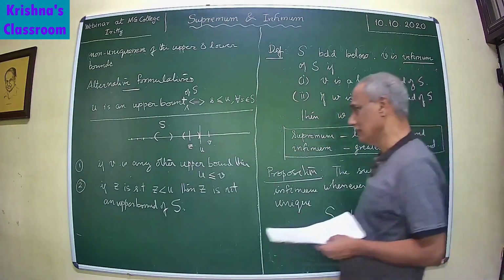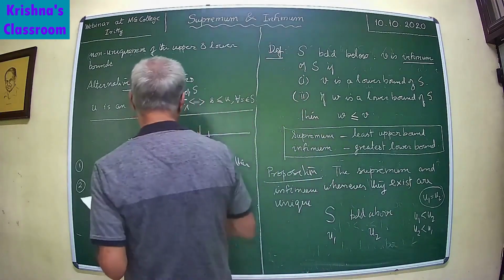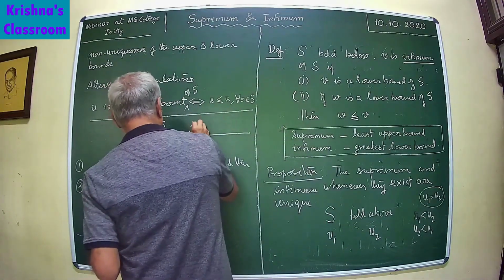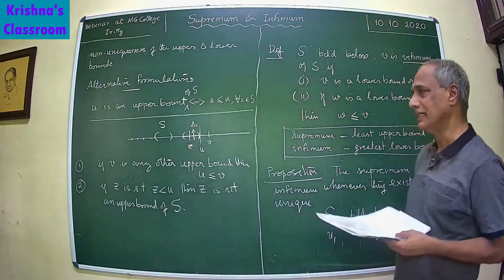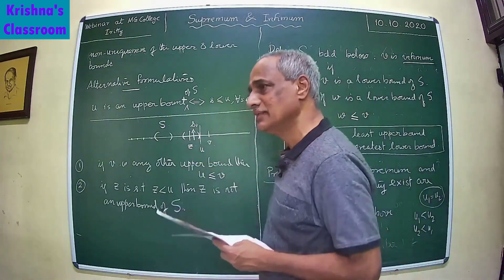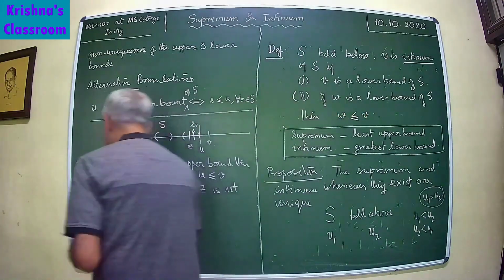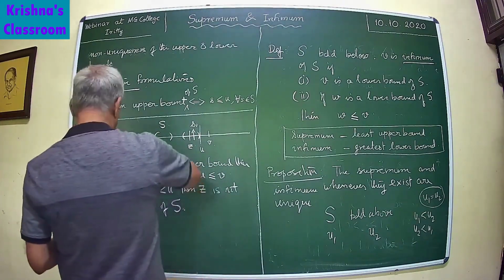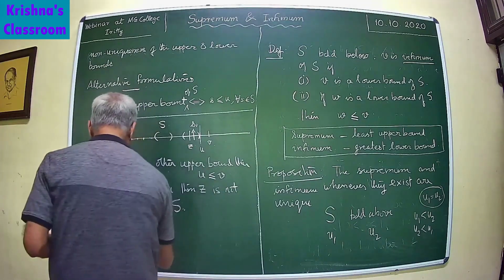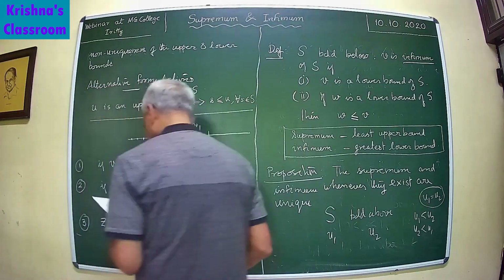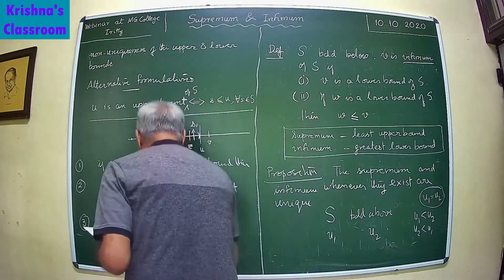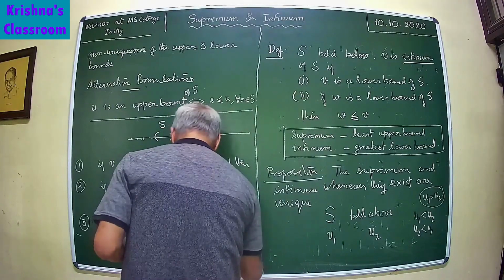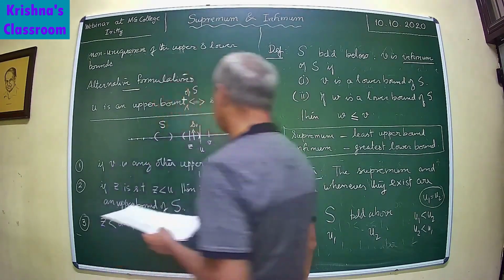What do you mean by that? When you say Z is not an upper bound of this, it means you can find some S1 in S such that S1 is greater than Z. So if Z is less than U, then there exists an S_Z belonging to S such that Z is less than S_Z.